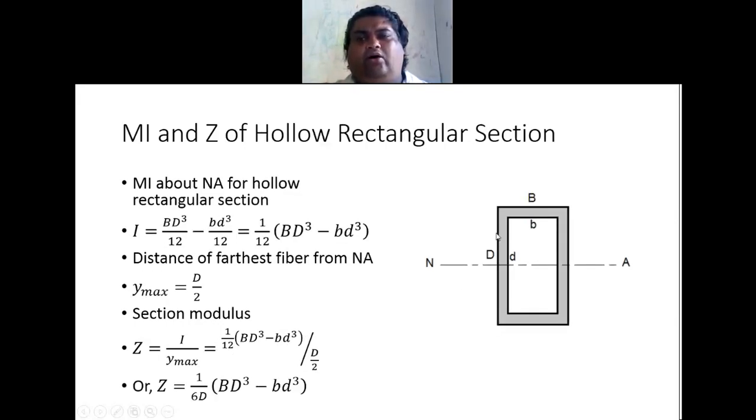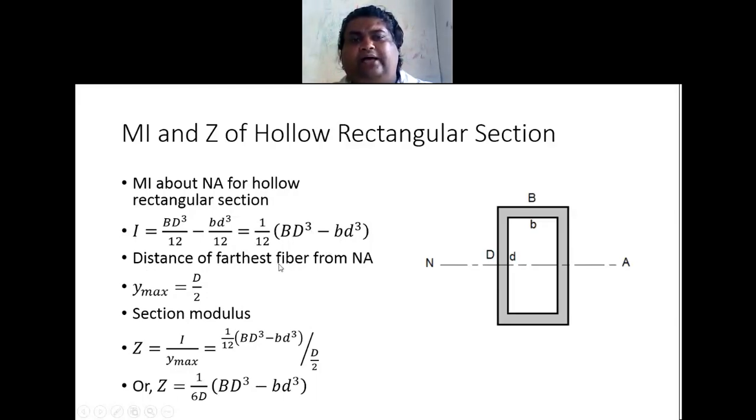Now we have a hollow rectangle or a rectangular tube. For the inner rectangle I have taken b and d in lowercase, and for the outer rectangle B and D in uppercase. So the moment of inertia is B D cube by 12 minus b d cube by 12. So 1 by 12 is taken as common: 1 by 12 into B D cube minus b d cube.